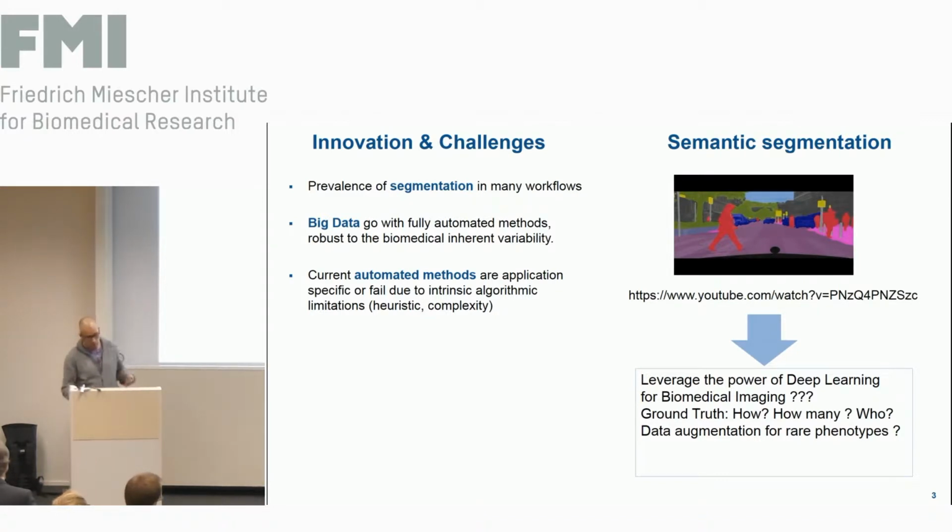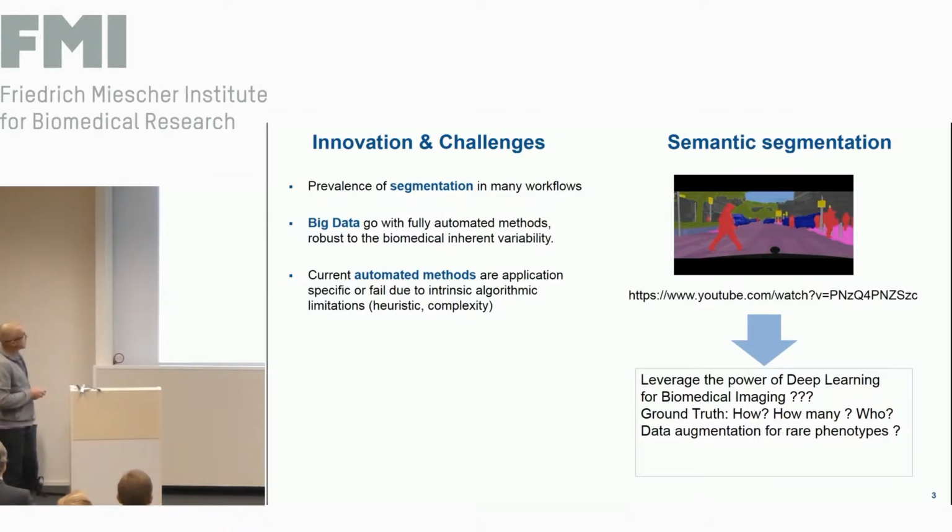And so the question is always, how many do I have to have in order to get a sufficiently accurate model? And then the key question, who is going to annotate this data? Yeah, that's a big problem.